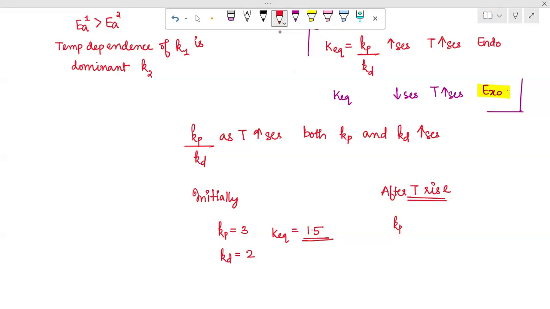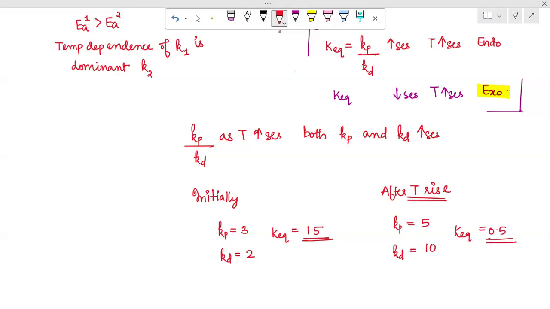So taking another random value, let's say Kp increased from 3 to 5 units, and your Kd value also increases, and let's say it has reached 10. Now, what is the equilibrium value? The equilibrium constant is 5 by 10, which is 0.5.